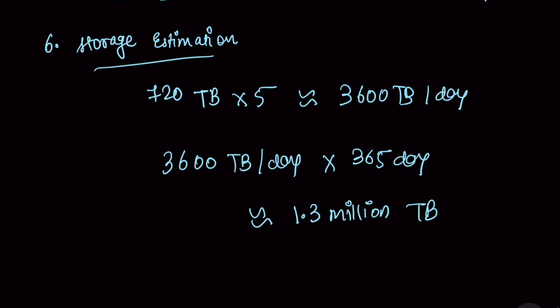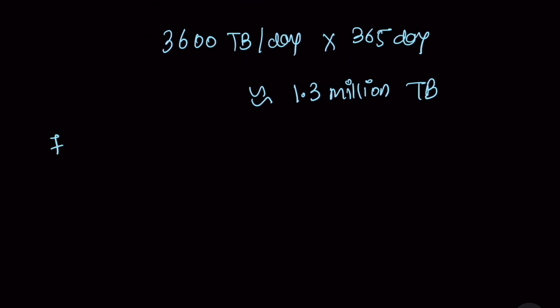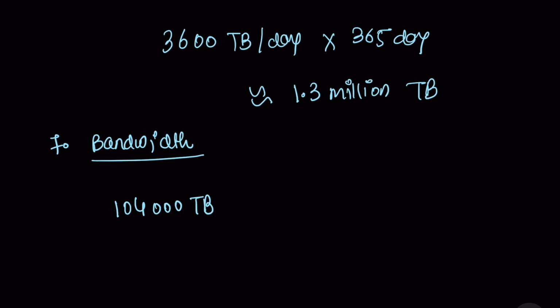And now we will also calculate the bandwidth, not the last one but the second to last. To estimate the total bandwidth YouTube needs daily, we are going to use the calculation 104,000 terabyte multiplied by 1000, to convert it to GB, and multiplied by 8 to convert it to Gbps, and this would approximate to 832,000 Gbps.